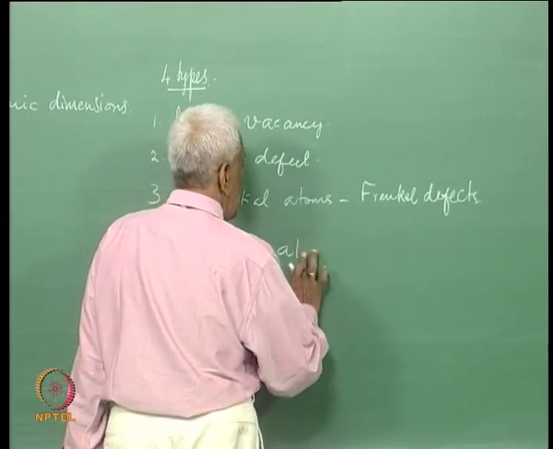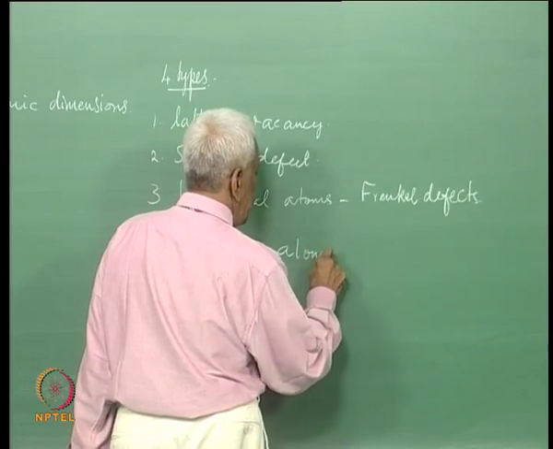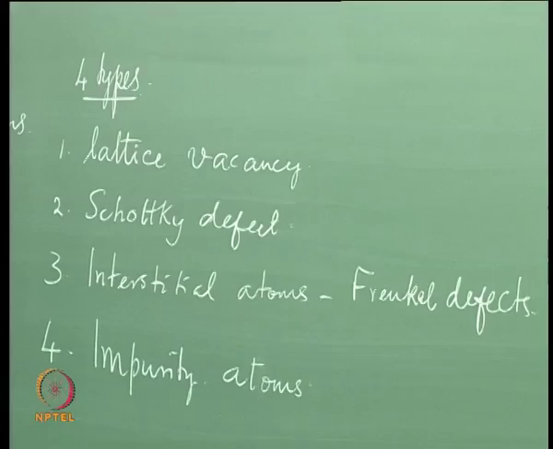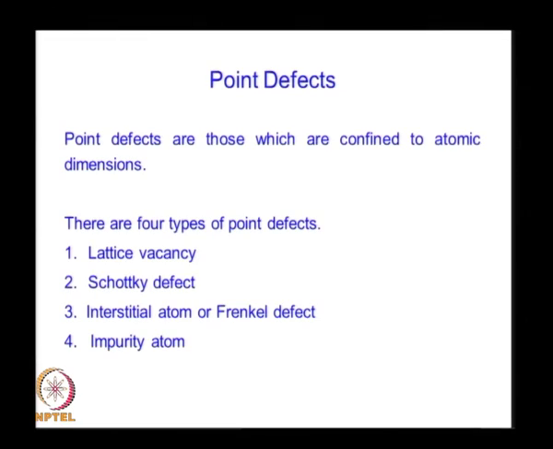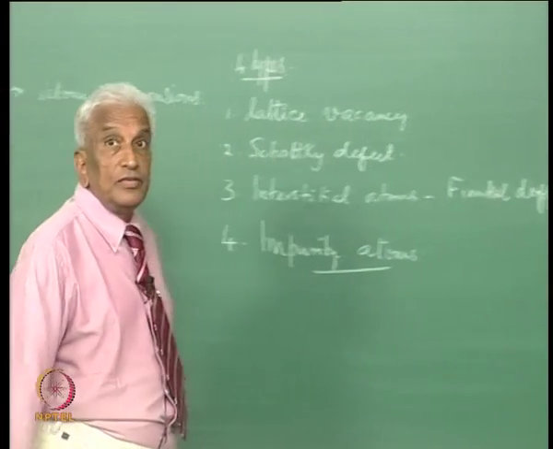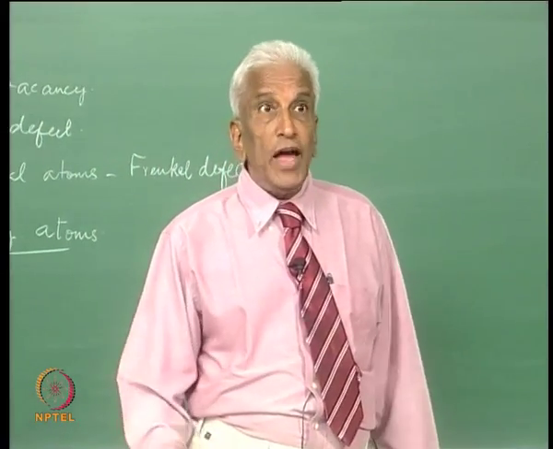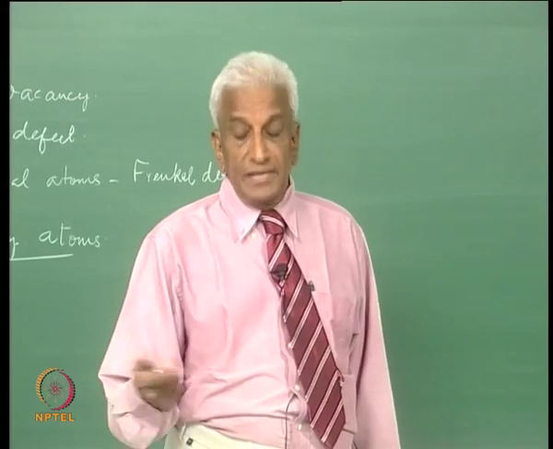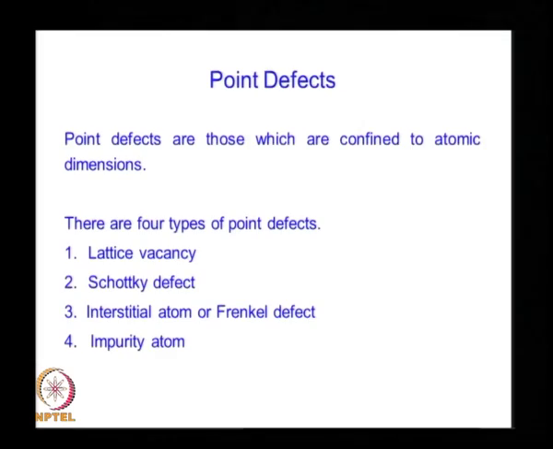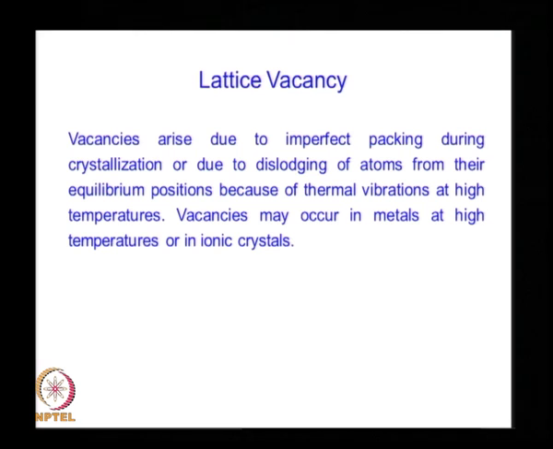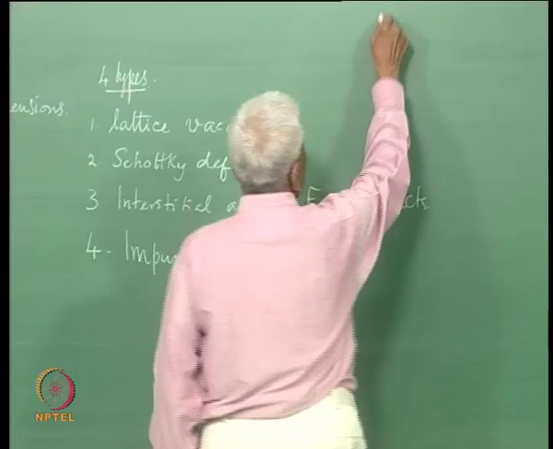So, they are impurities which occur in parts per million. They also profoundly modify, as we have seen in the case of extrinsic semiconductors, the properties of the semiconductor. This can also happen in metals and other solids. So, these are the 4 main types of point defects. We will consider them one by one.